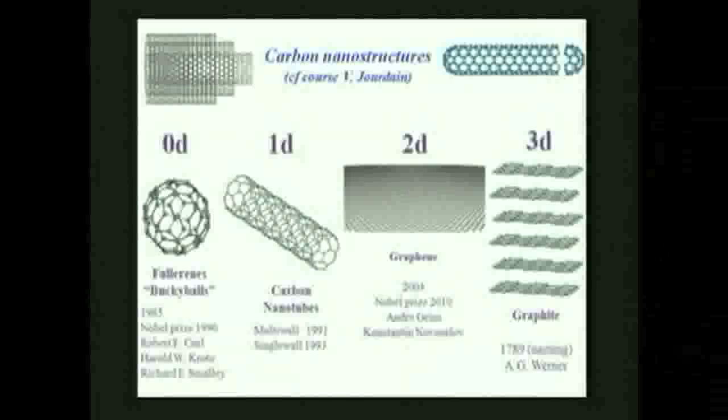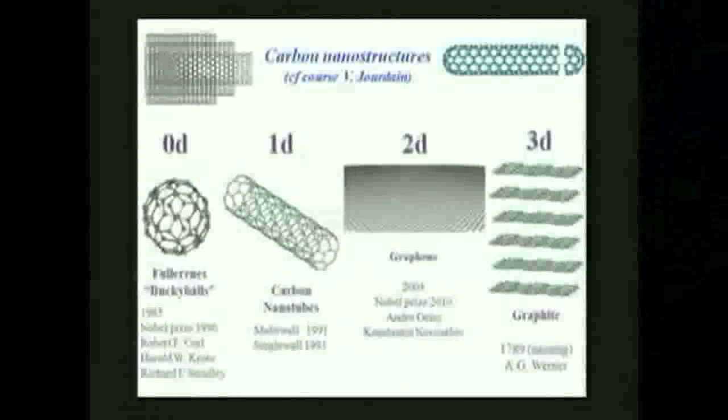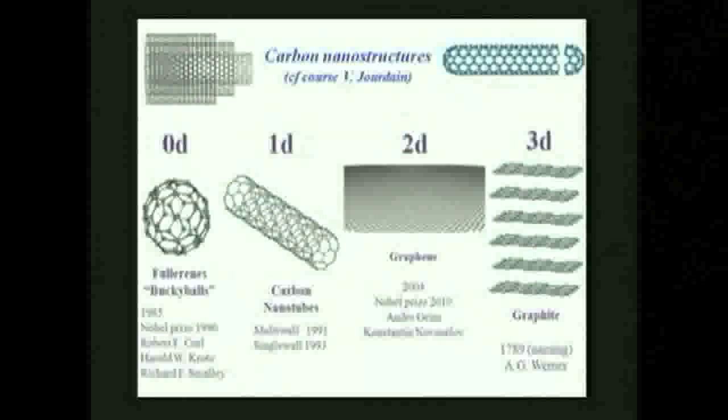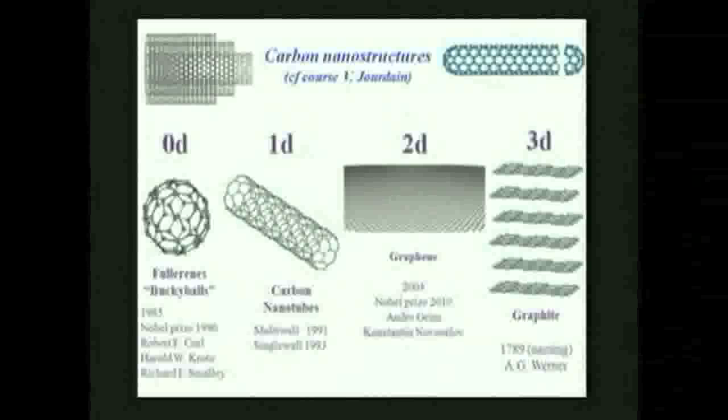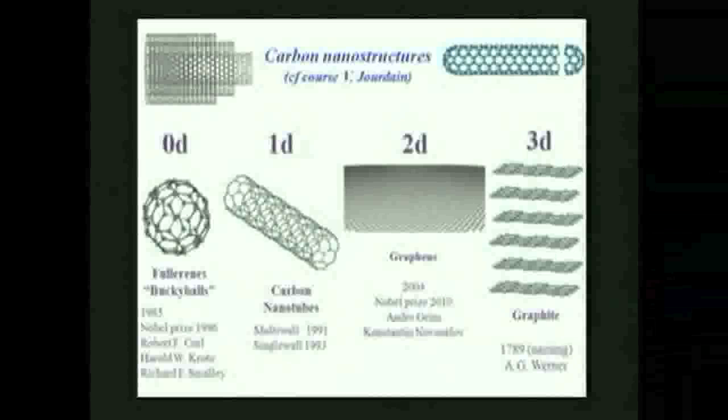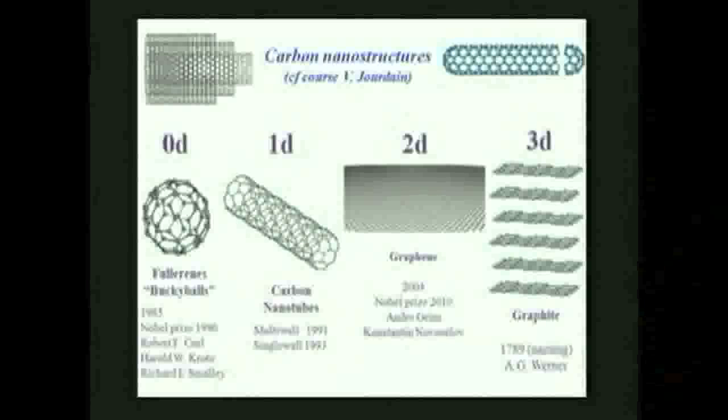Then researchers discovered in 1985 carbon molecules, which are called fullerenes or buckyballs, the most well-known having 60 atoms of carbon and the shape of a soccer ball. And there was a Nobel Prize for this discovery in 1996. In the beginning of the 90s, people observed carbon nanotubes, which can be seen as the rolling up of one single graphene sheet.